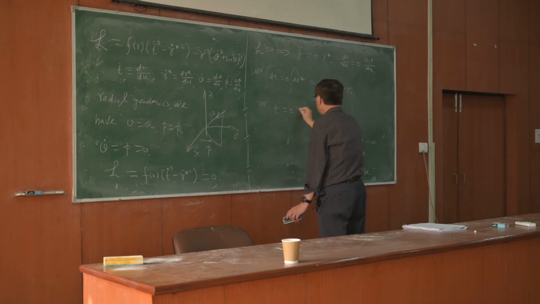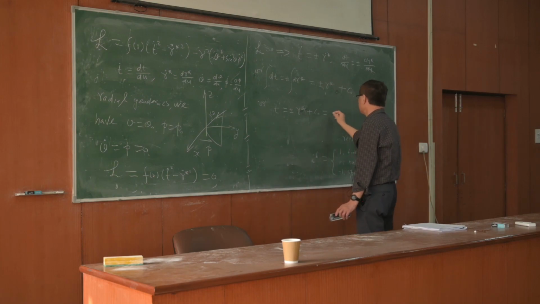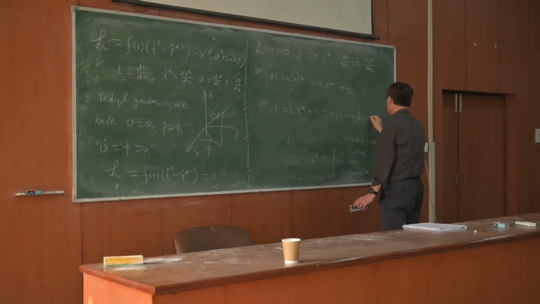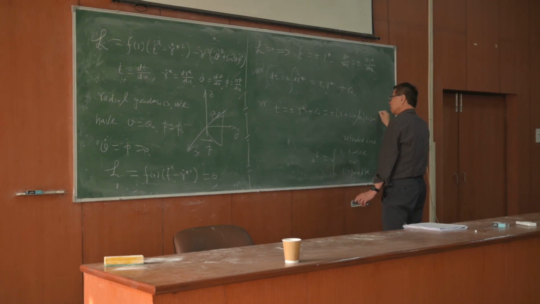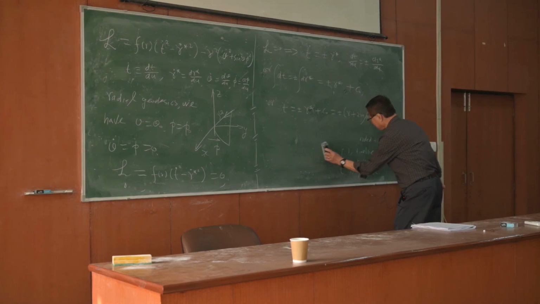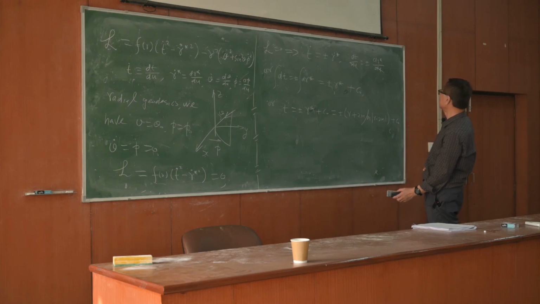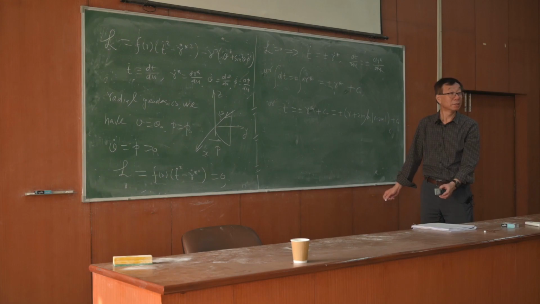With r* plus one constant, it is equal to plus minus (r + 2m log(r − 2m)) plus a constant.